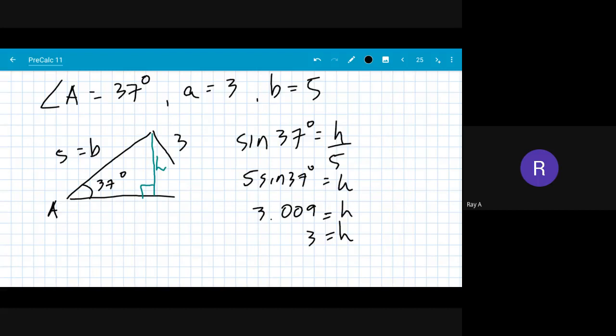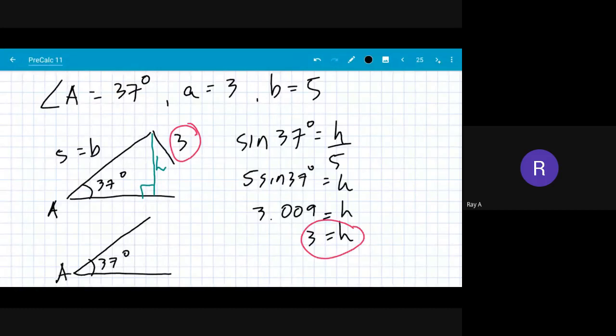Now, what does it mean? Since we found h to be 3 and a to be 3 also, that tells us that if we are to swing that side A, it can actually take the place of h, meaning we could have actually created the picture wherein this is your 37 degrees, this is your 5, and this would be the 3.